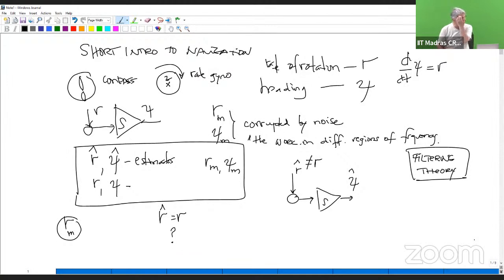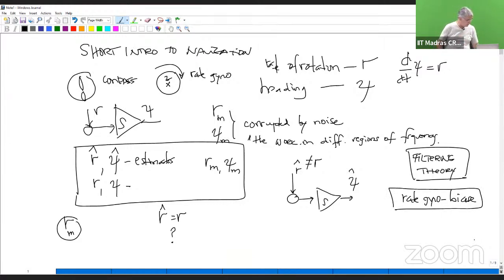There's another thing that is going to mess up this simple way of doing things, which is that when you buy a rate gyro, it has biases. What does this mean? The bias can be caused by many things.